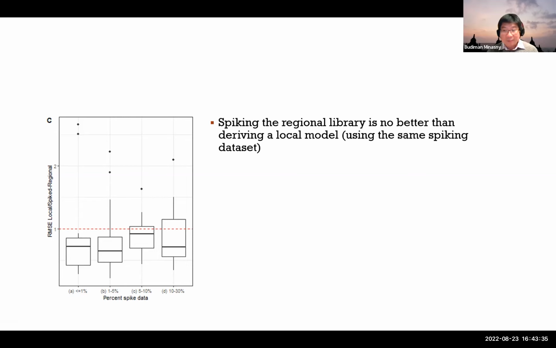What the spiking does is that you're just trying to fit the local data. So what we found is that most of the time, spiking the regional or global library is no better than deriving a local model itself using the same number of samples.